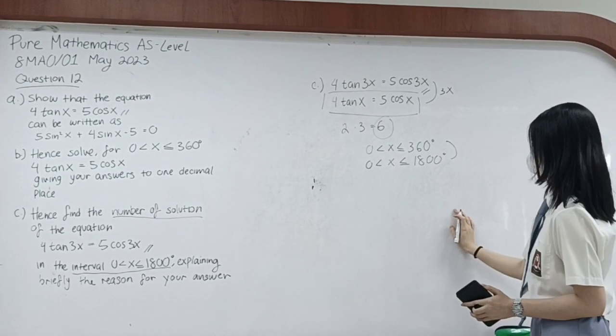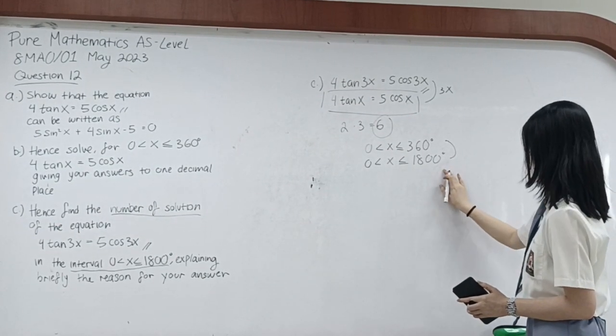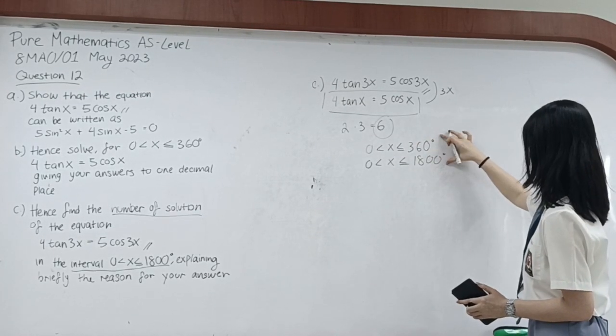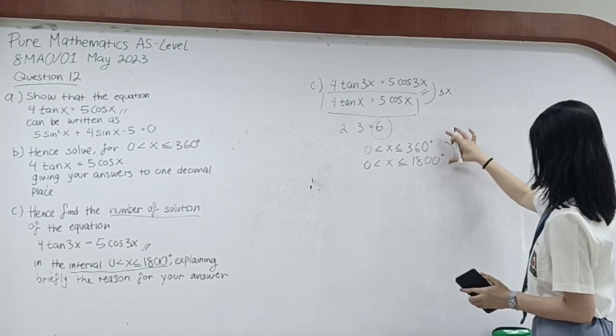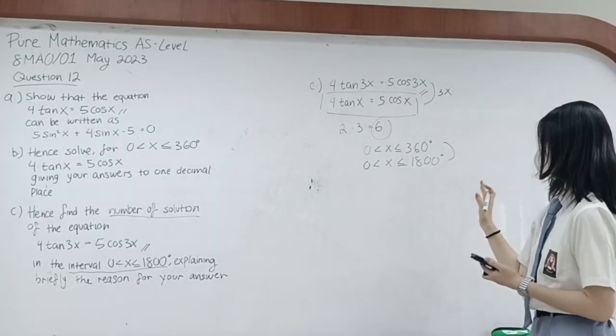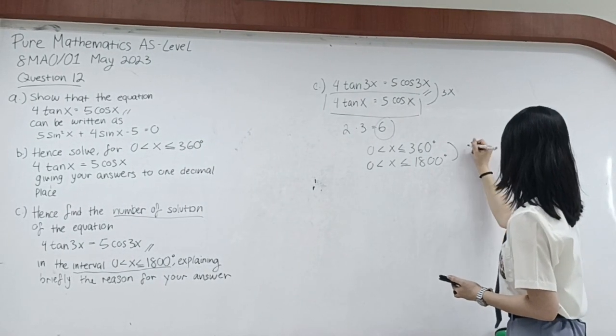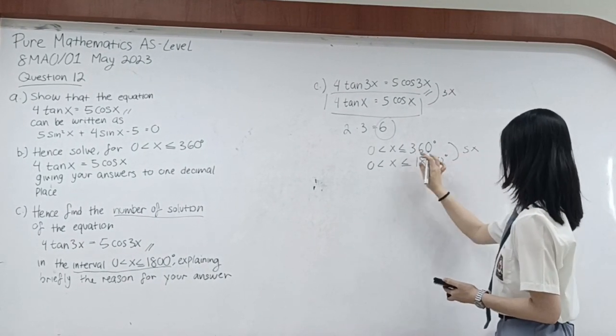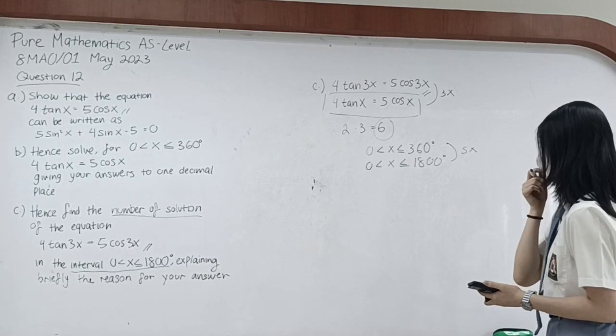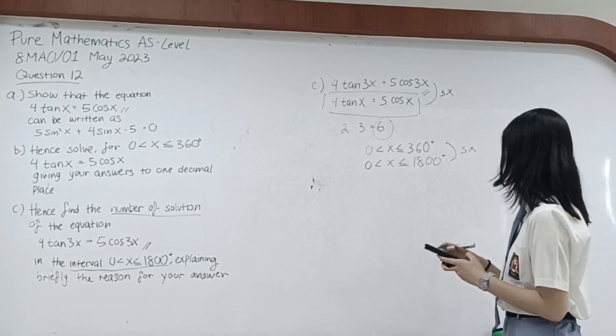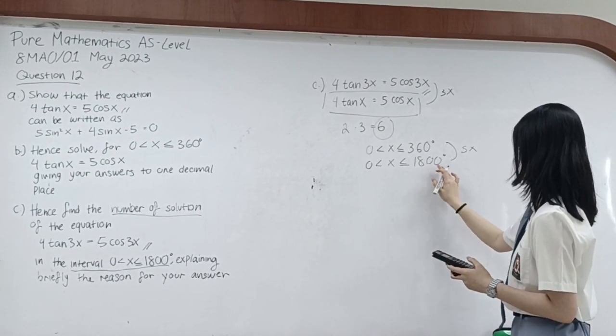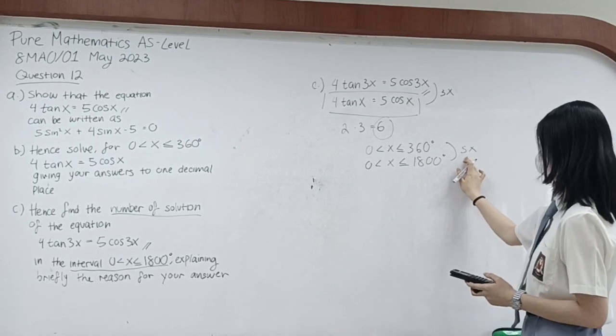We know that 1,800 and 360 have a 5 times difference, meaning 1,800 is 5 times greater than 360 degrees. We can simply put it in the calculator and divide 1,800 by 360, and you get 5.